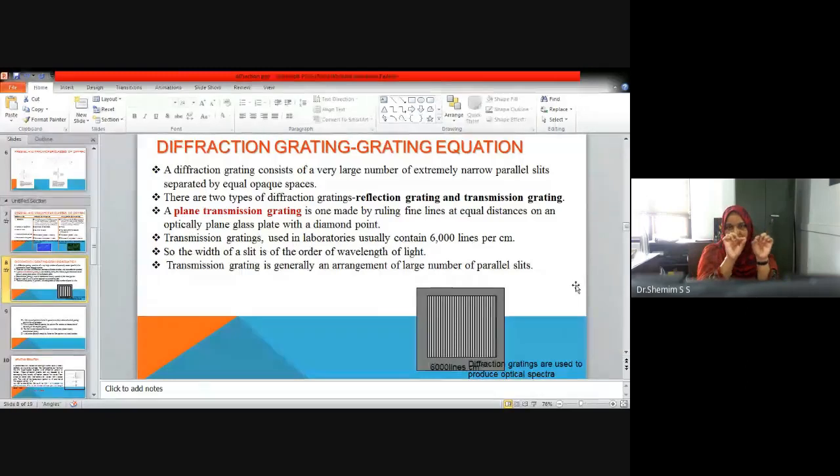In a centimeter, there will be 6,000 lines. Then in such a grating, the slit will have a size which is of the order of the wavelength of light, that is, about 10 raised to minus 10 meters order will be the size of each slit. So the plain transmission grating is generally an arrangement of a large number of parallel slits.